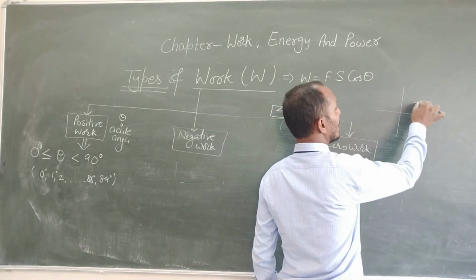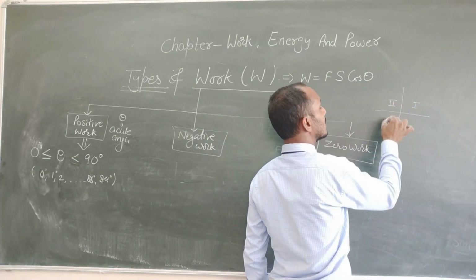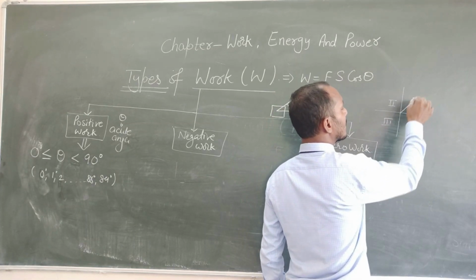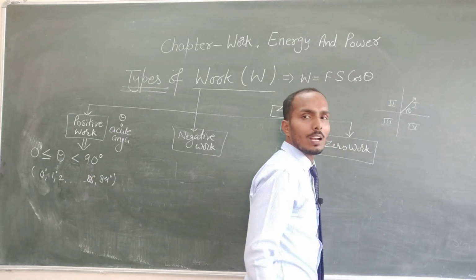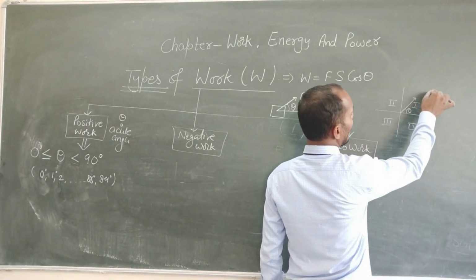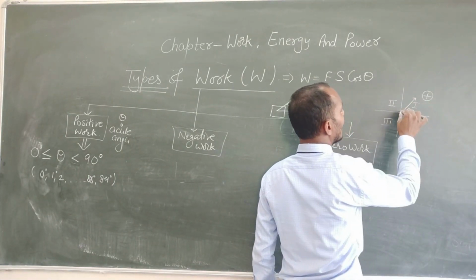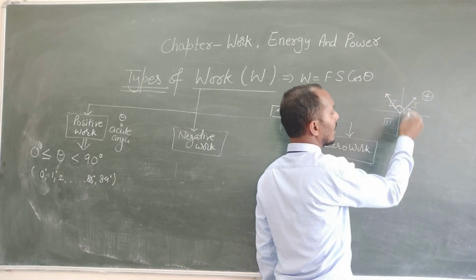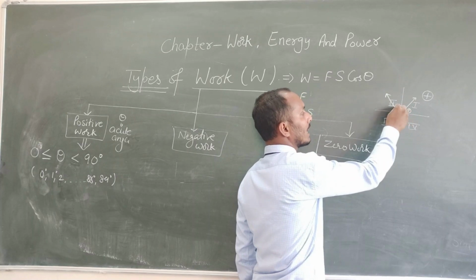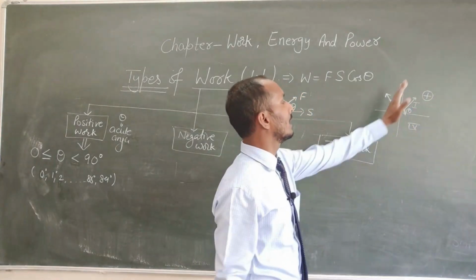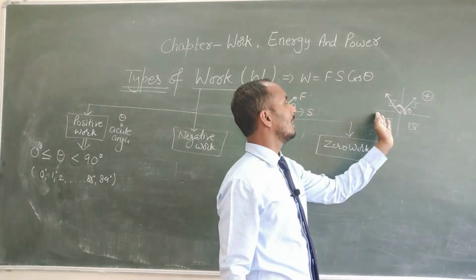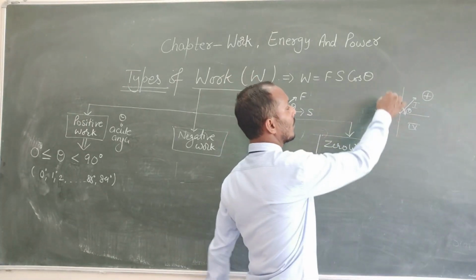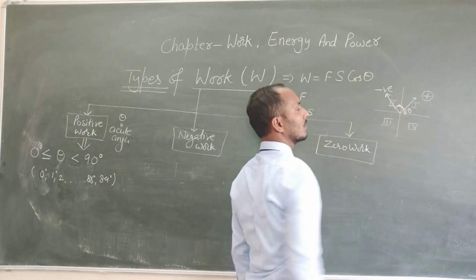this is the first quadrant, this is the second quadrant, third, and this is the fourth quadrant. If the angle is in the first quadrant, then the value of cos is positive, and if the angle is in the second quadrant, greater than 90 degree and up to 180 degree, then the value of cos is negative.